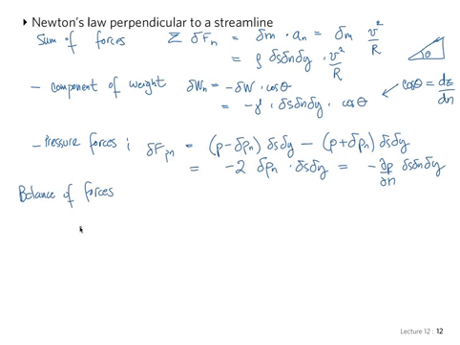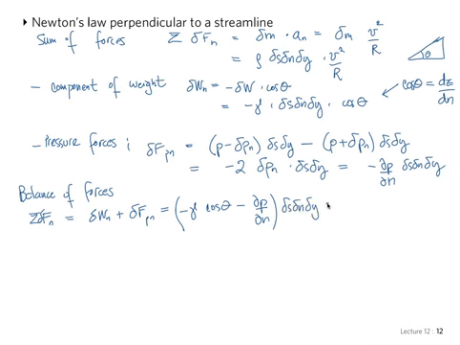And we have the balance of forces, sum of forces, I think differential of forces I called it, in the n direction equals the weight and the pressure forces, pressure normal, so that's minus gamma times cosine theta minus dP dn, all multiplied by the volume of the fluid ds dn dy, and that has to equal the mass times the acceleration, which we also have up here, rho v squared over r times ds dn dy.